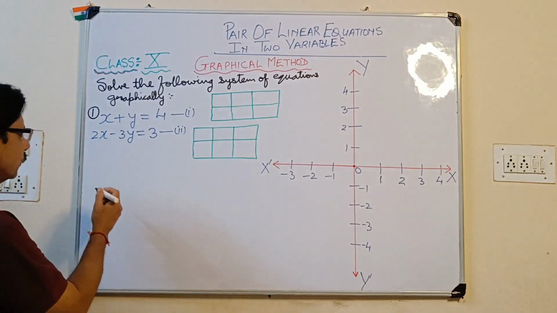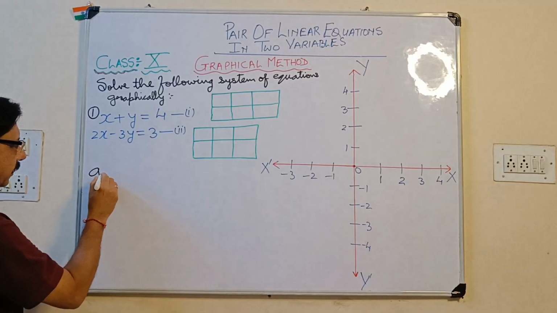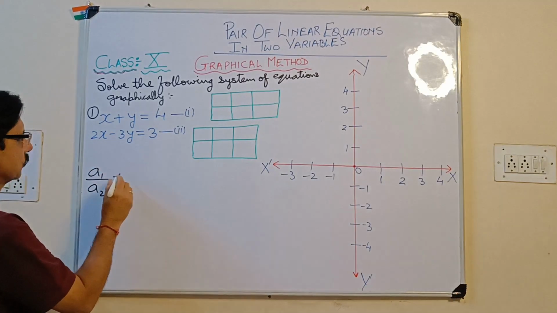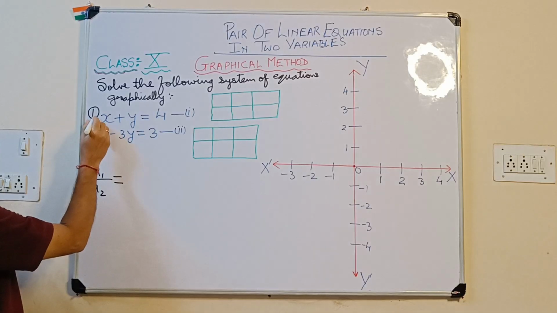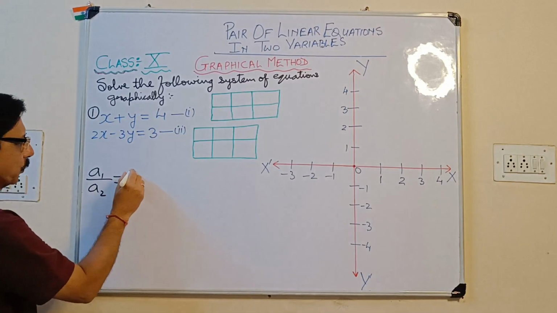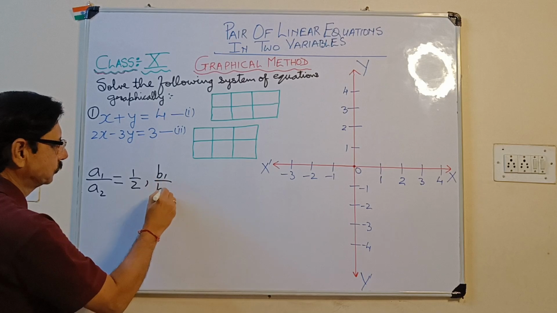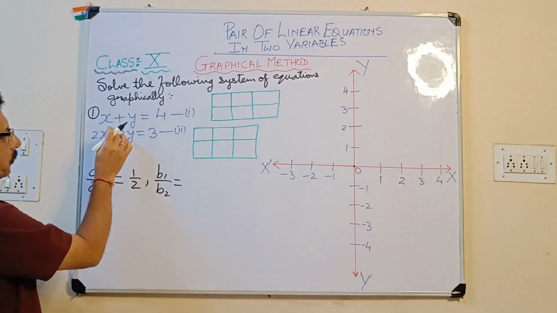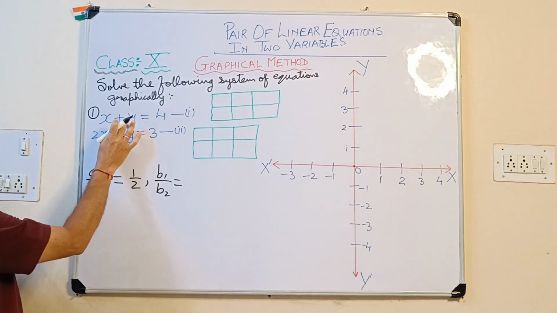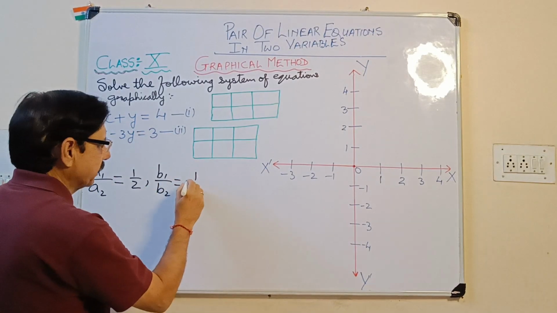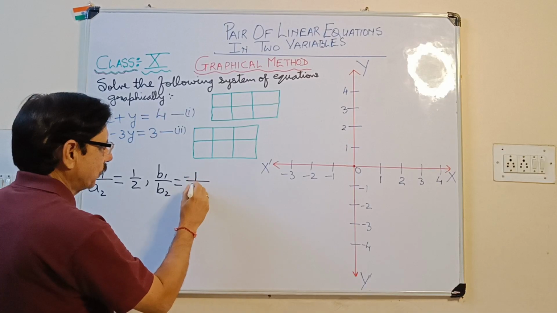For that, you know we have to find the ratio a1 by a2. So what is a1 by a2? No value is written, so the coefficient is 1, so 1 upon 2. Then we check b1 by b2. What is b1 by b2 here? No numerical coefficient is written, so it is 1 upon minus 3, or minus 1 upon 3.